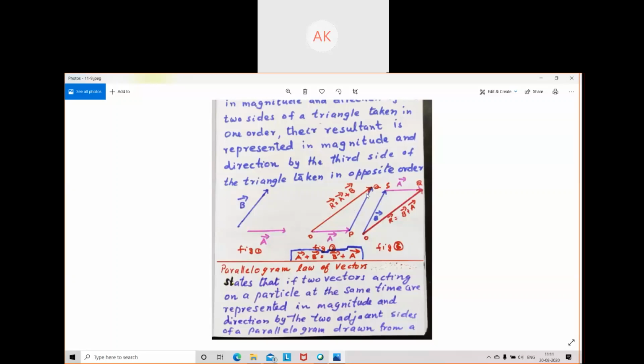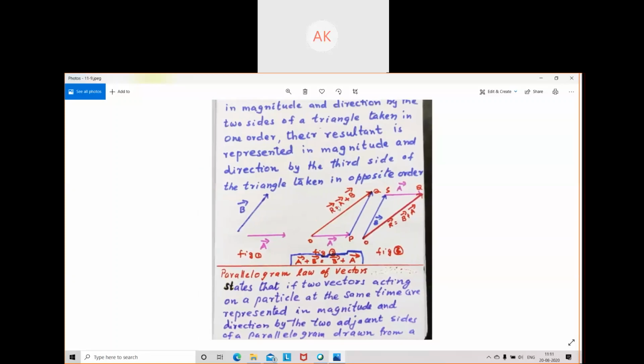If it is in the same order, tail, tip, again tail, tip, it should come here. The arrow mark will be here if it is in the same order. But it is not like that. You should not take the resultant in the same order. The resultant is always in the opposite order. So the arrow mark will be here, opposite order.